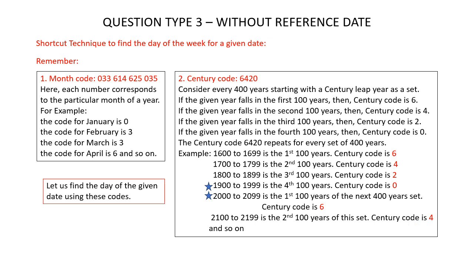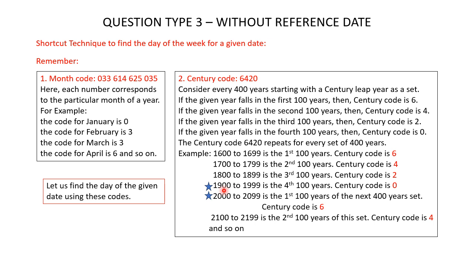Now remember these two century codes, because most of the questions asked in competitive exams fall between these two centuries. So 1900 to 1999 is the fourth 100 years.